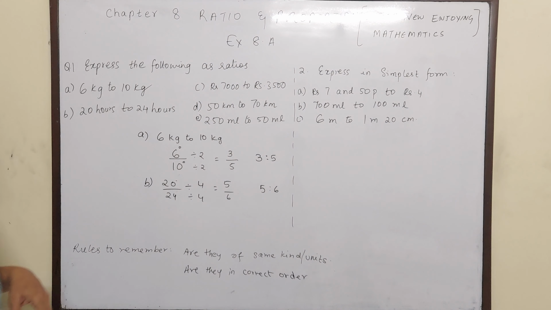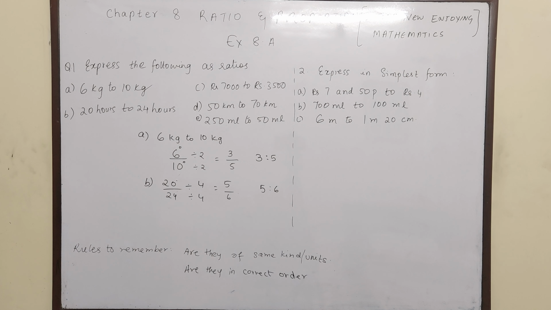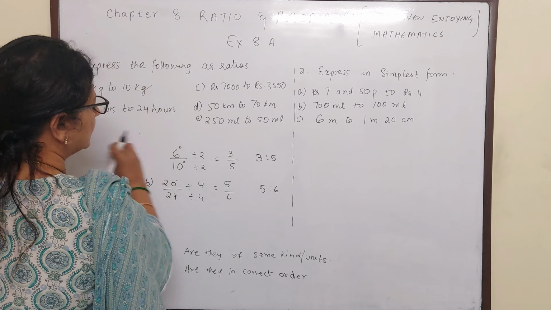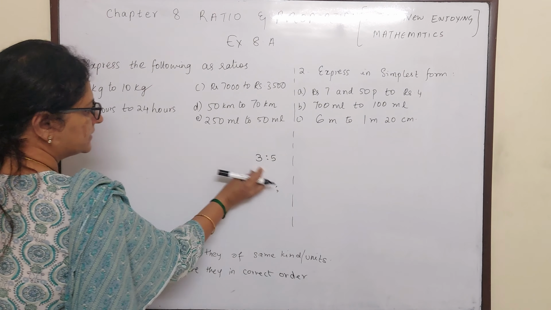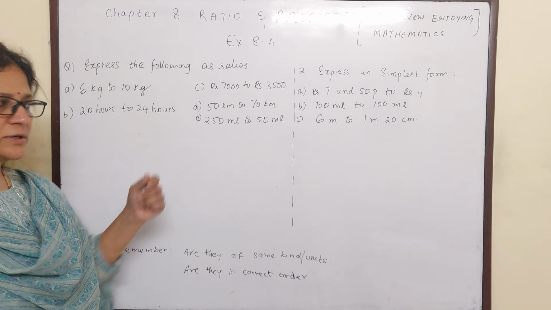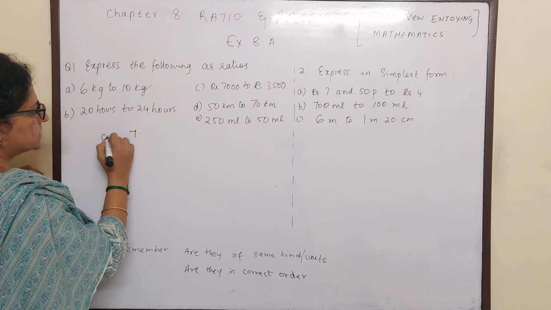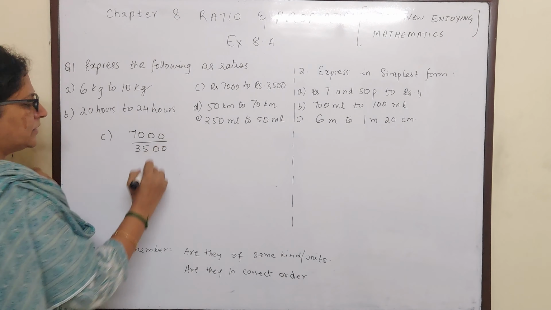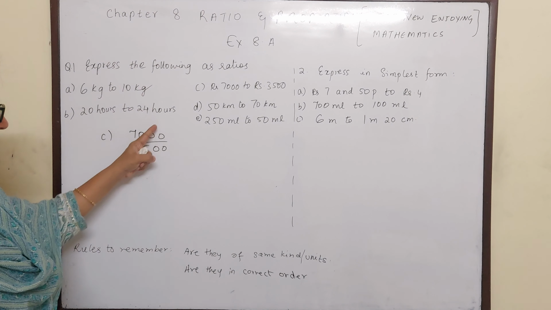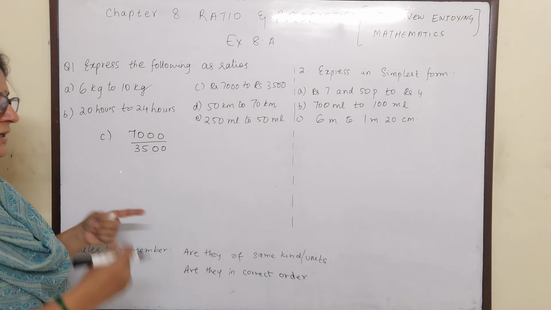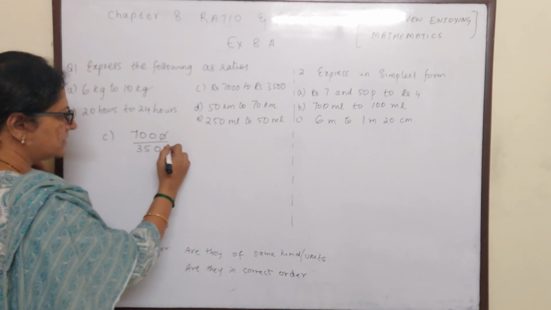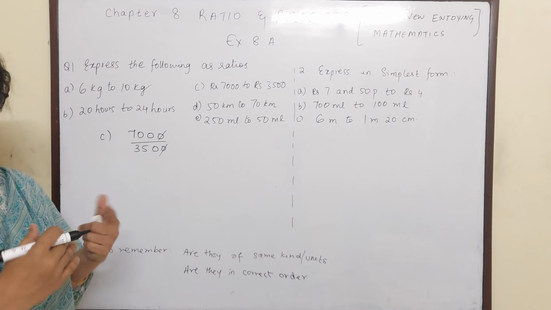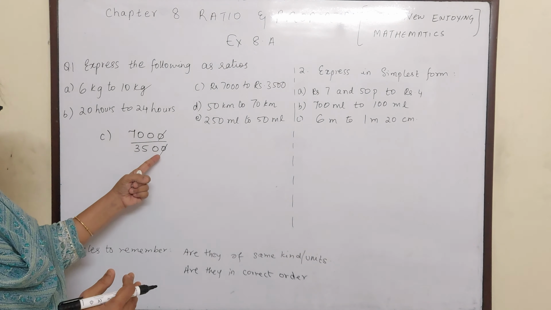Then next is rupees 7,000 to rupees 3,500. First we will see whether the units are the same. Yes, the units are the same. It is 7,000 divided by 3,500. Now if you see in the ones place and tens place, you have a 0. That means straight away you can cancel. Why am I cancelling? Because if you divide it by 10, it gets cancelled, right?